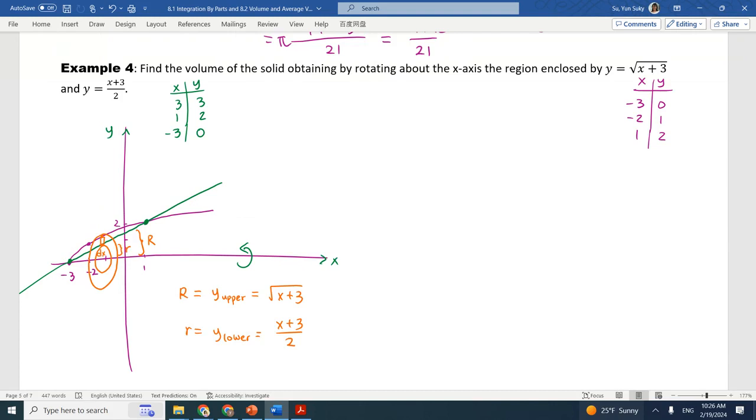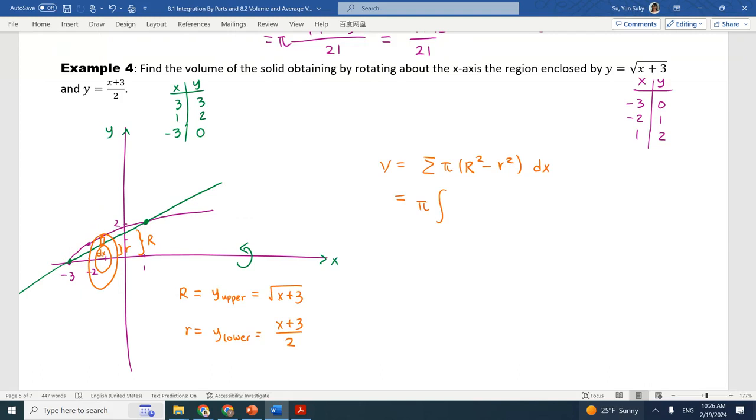So draw the picture, and the picture will tell us which one is big R and which one is small r. And then the formula: V is the sum of pi times big R squared minus small r squared dx. Everybody okay with the formula? It's the sum of the volume of each slice, area of base times height. Integral, pi we can move outside.